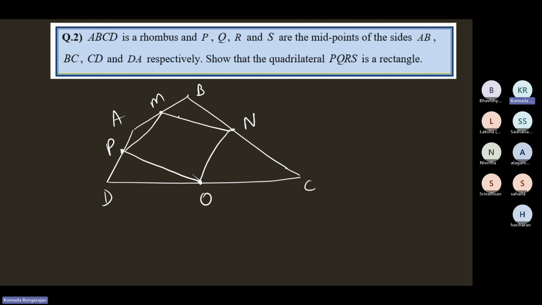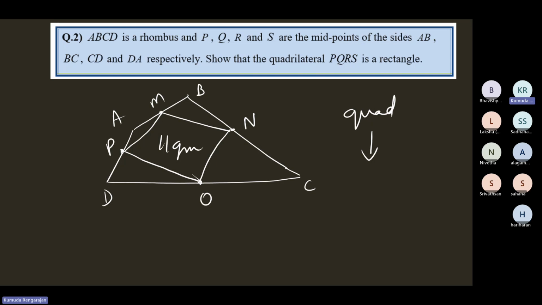Now this quadrilateral MNOP will always be a parallelogram. So if you have a quadrilateral and you join the midpoints of its sides, the new quadrilateral formed is a parallelogram, always.